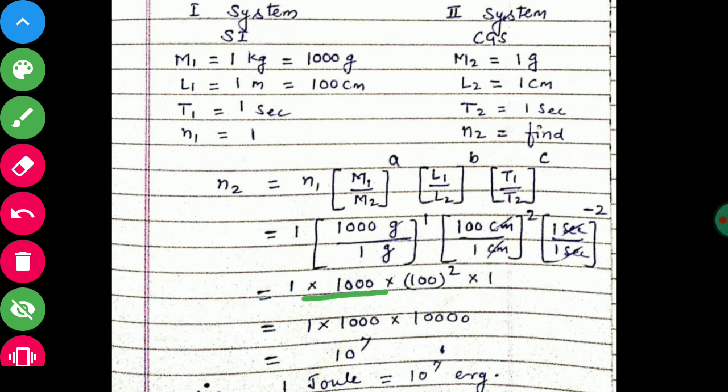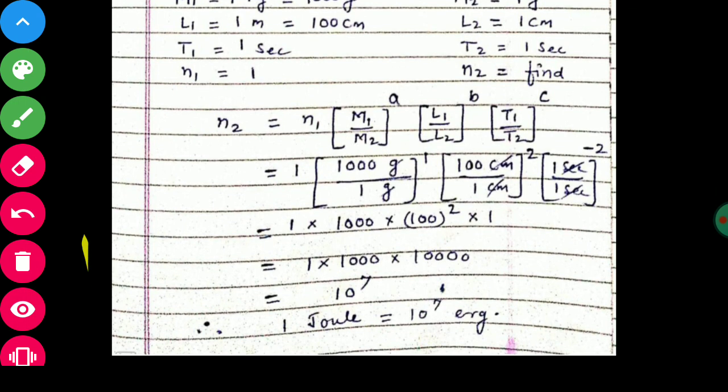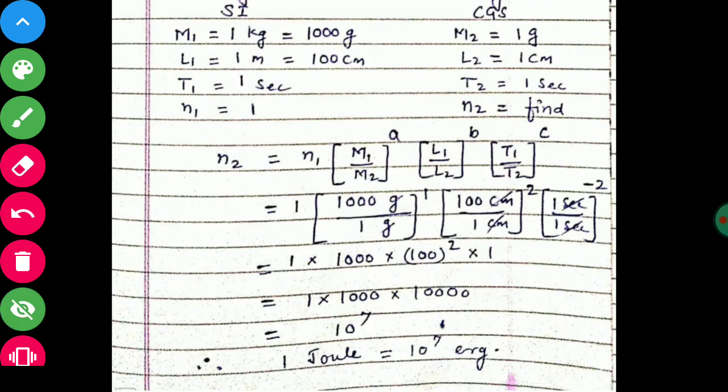Now 1000 times 100 raised to power 2 means 10,000, so 1000 times 10,000. How many powers of ten are there? 3 and 4, 7. So you can say 10 raised to power 7. So 1 joule is equal to 10 raised to power 7 erg.